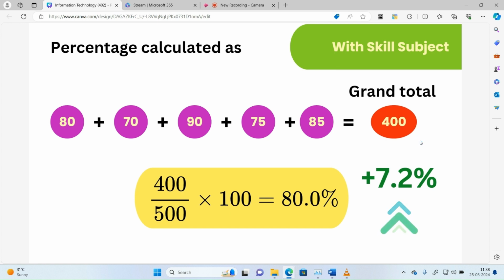So isn't it great? Isn't it wonderful? You have to study one additional subject, which is not as difficult as the other subjects. Let me tell you students, it is very easy to score marks in IT. Half of your paper is only MCQ and the rest are only either 2 marks or 4 marks questions.